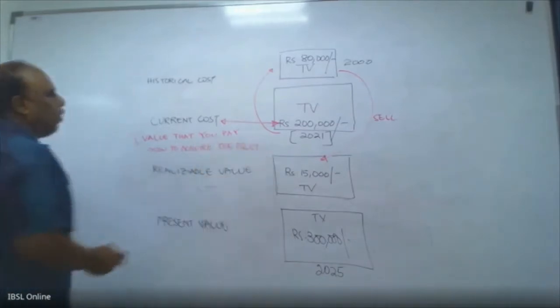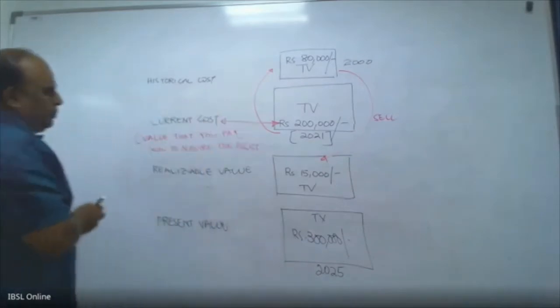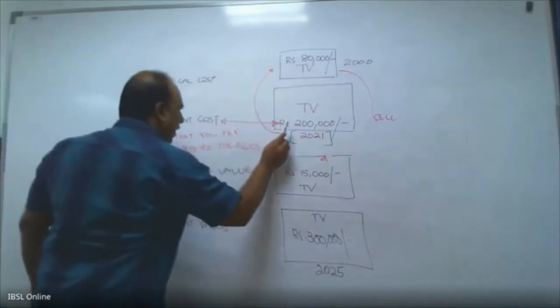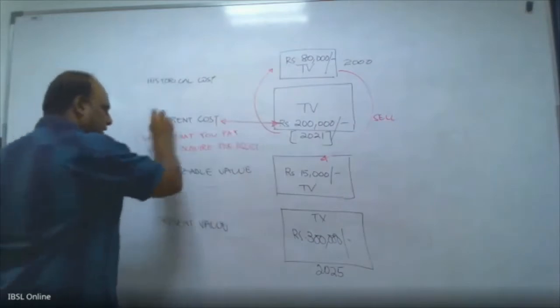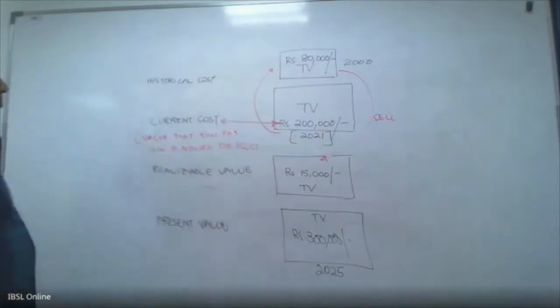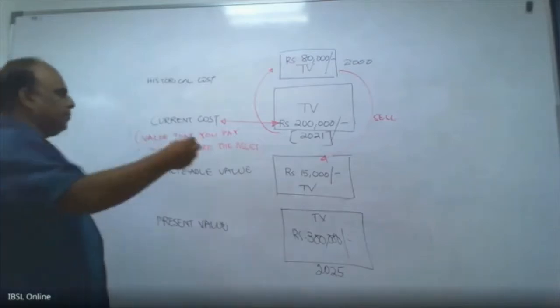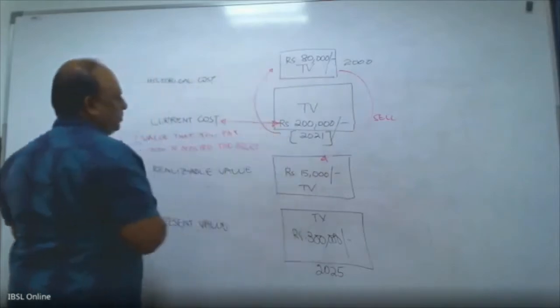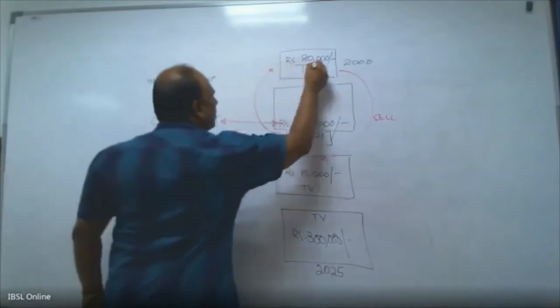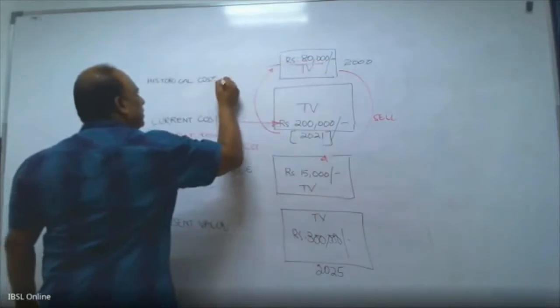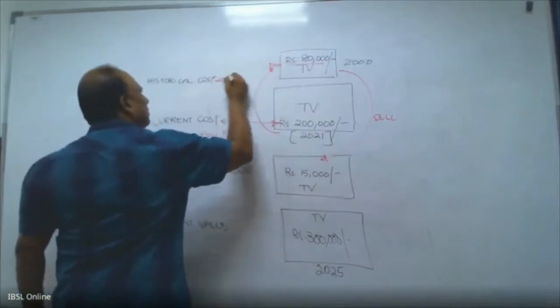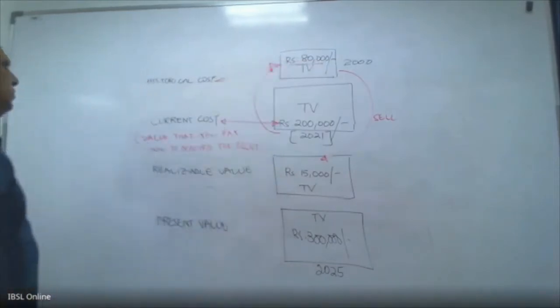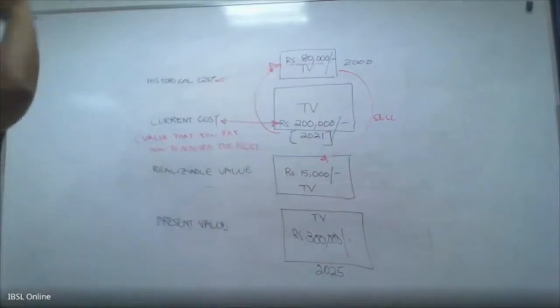If you want to buy this asset now, the cost or the value that you need to pay is current cost. If the same, what I would have paid in 2000, which is the 80,000, is the historical cost. The cost that I would have paid in the past to acquire that asset.